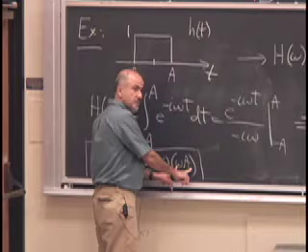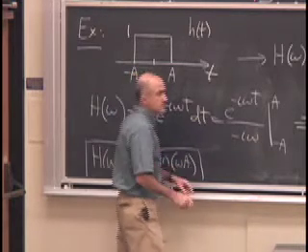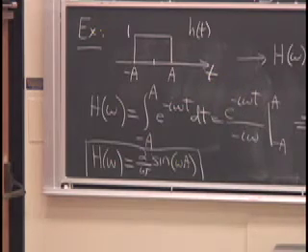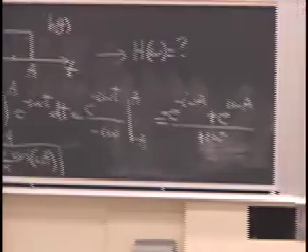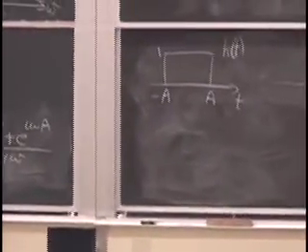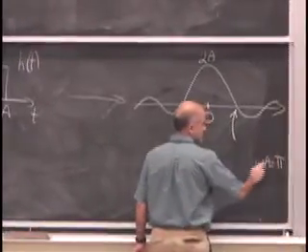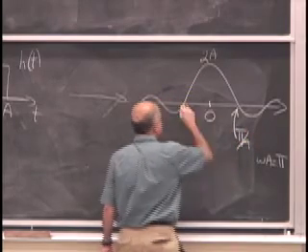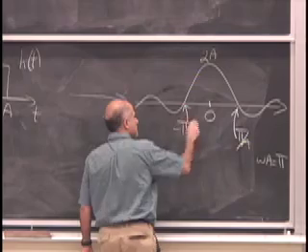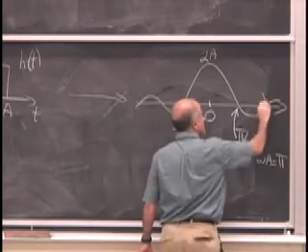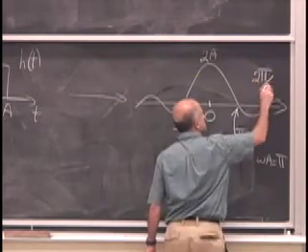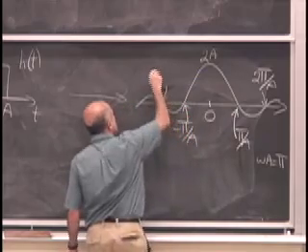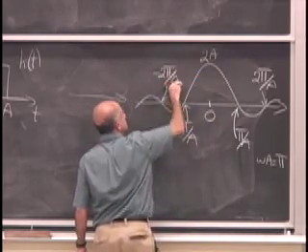So omega a must be pi. So what does omega have to be? Pi over a. And on this side, it's minus pi over a, and this is going to be 2 pi over a, minus 2 pi over a, and so on.